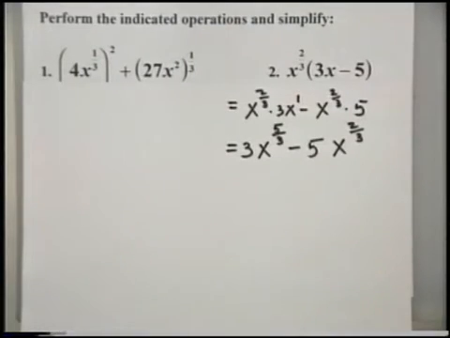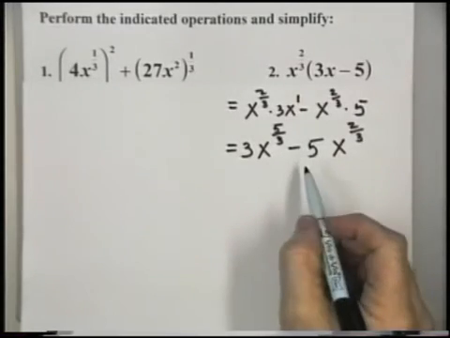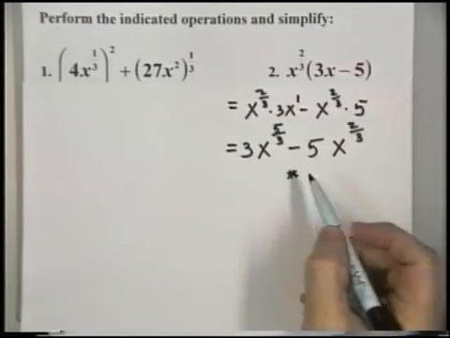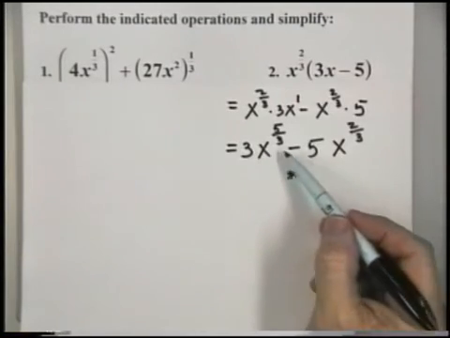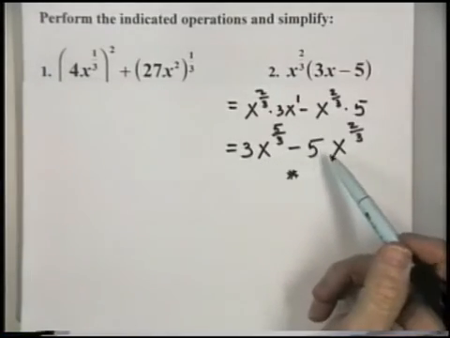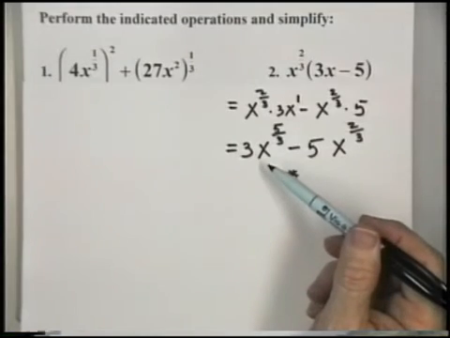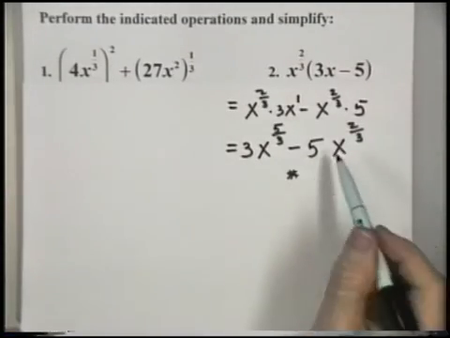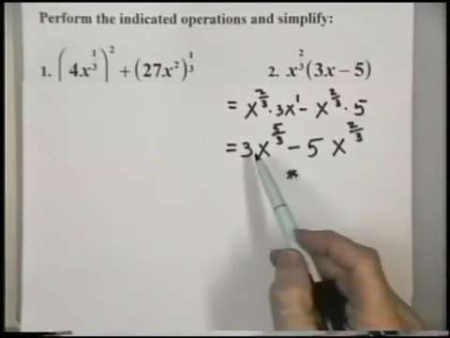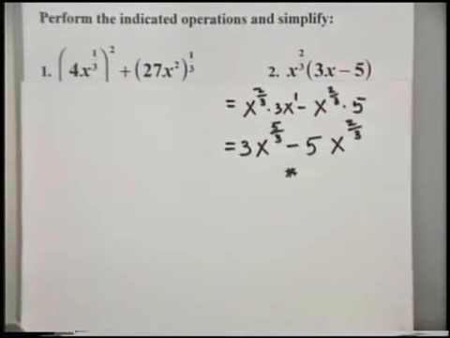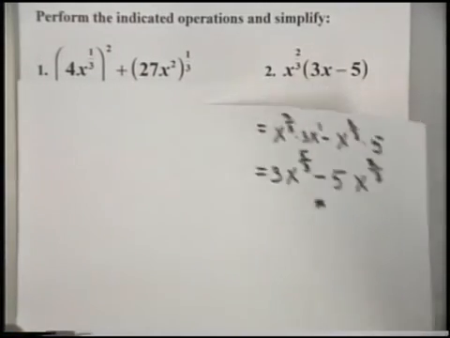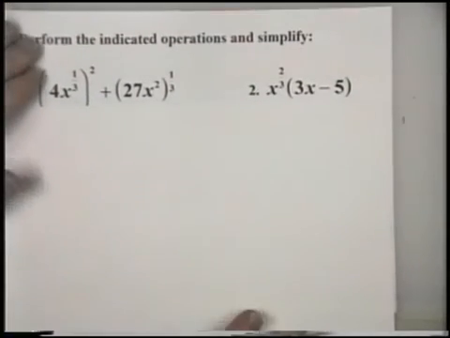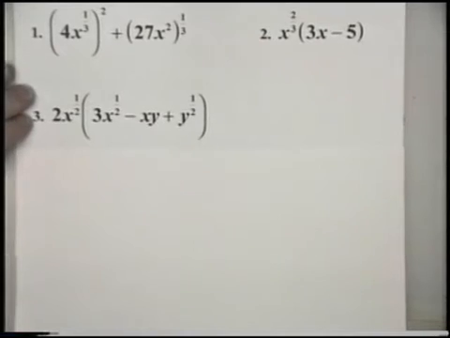Always put the coefficients in front of the term. 3x to the 5/3 minus 5x to the 2/3. Now, can we go any further? No. Be very, very cautious in dealing with sums and differences of powers of variables. There's not many things we know about them, and that is as far as you can go. They're not like terms, so that's simplified.